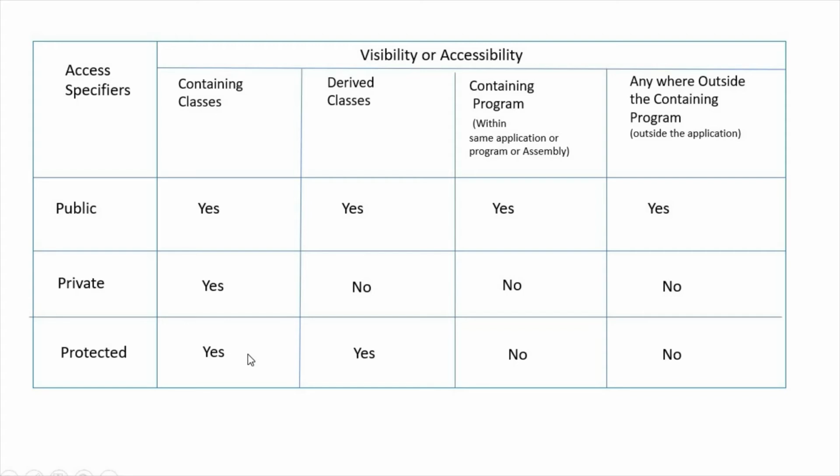So in the containing class it is visible and accessible, in the derived class it is visible and accessible, and in the containing program, meaning in another class, it is not accessible or visible. Let's see it with a practical example.